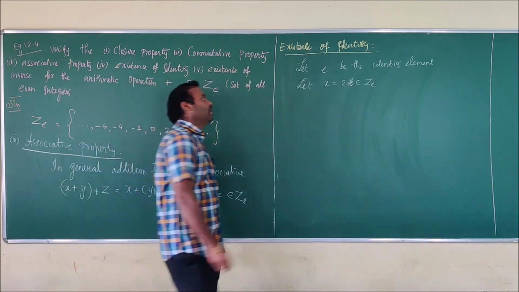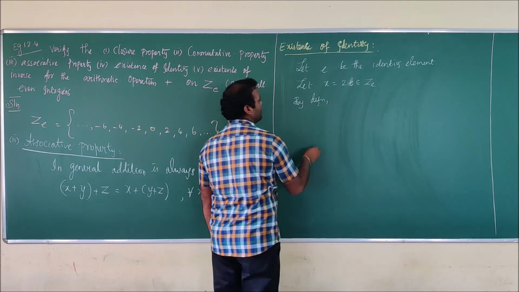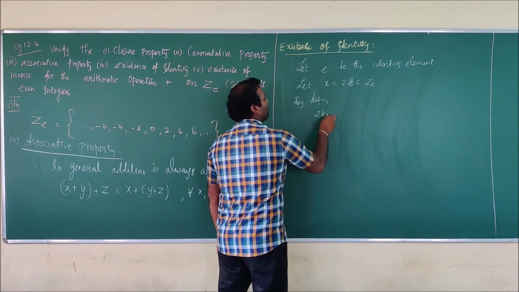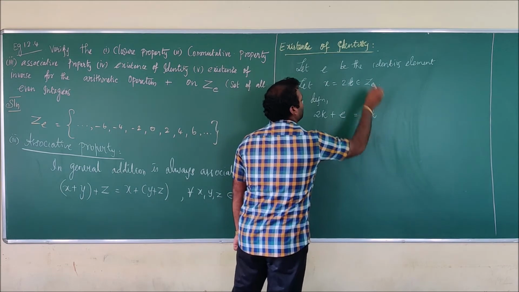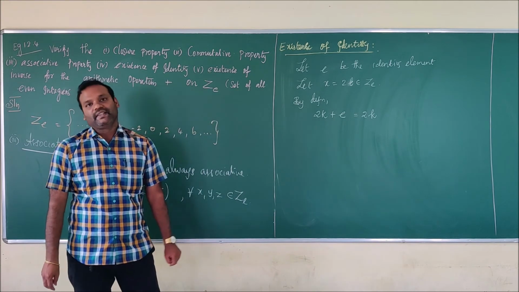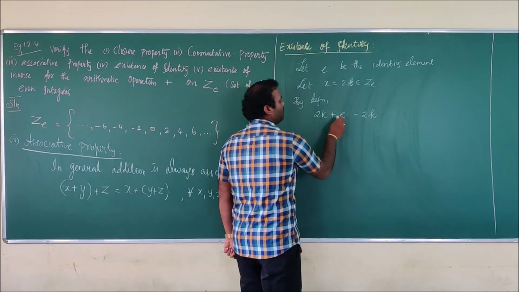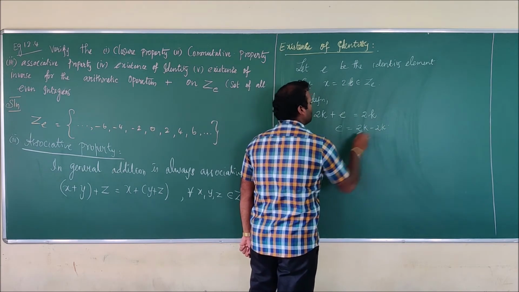Next, what is the definition of identity? By the definition of identity, when the element is added with the identity element, the answer is the same element you are taking. My aim is to find E, which is nothing but 2k minus 2k.